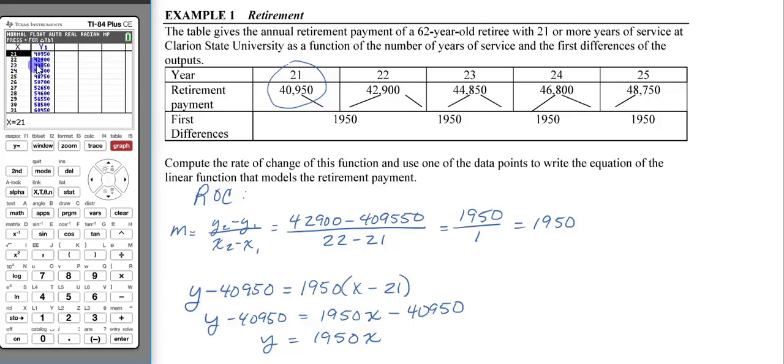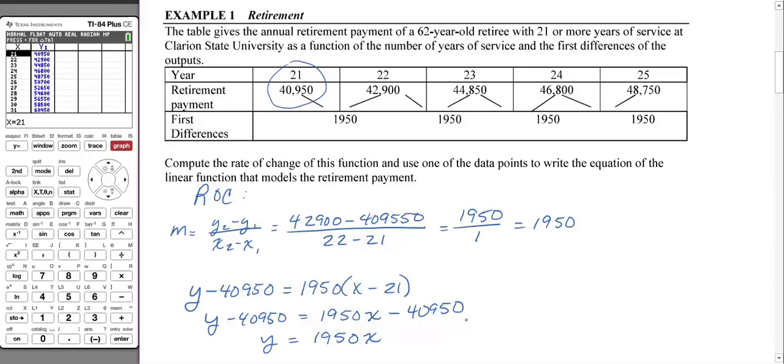Year 22, 42,900. Year 23, 44,850. 24, 46,800. 25, we have 48,750. So it does fit the data exactly with this one function.